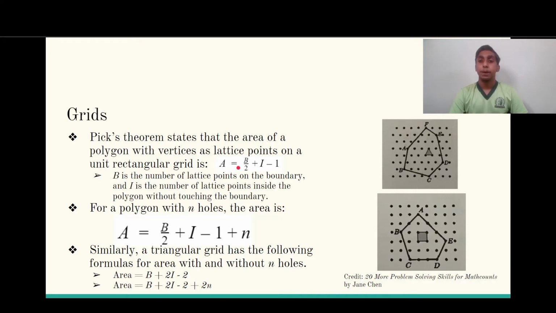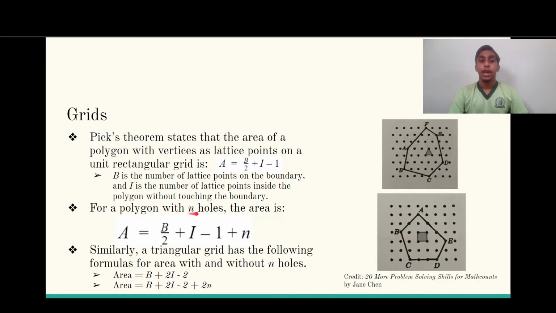All you really need is a picture or a figure of the polygon that you're trying to find the area of. Now, sometimes polygons will have holes, like the one right up here, or this one too. If you see both these polygons, they have a hole in them, so we need to account for that. Pick's Theorem is not accounting for that, so we need to modify our formula.